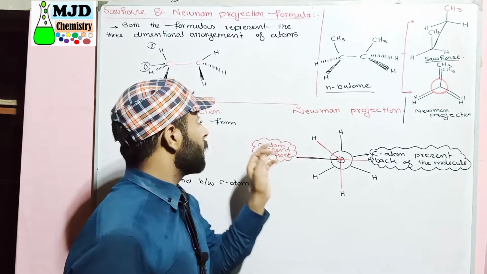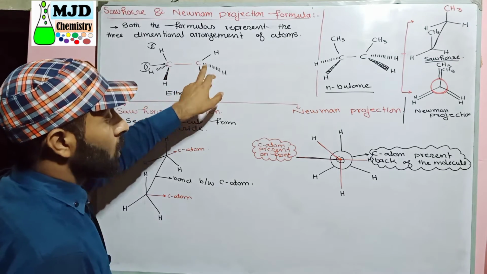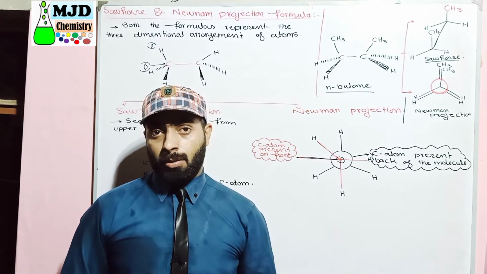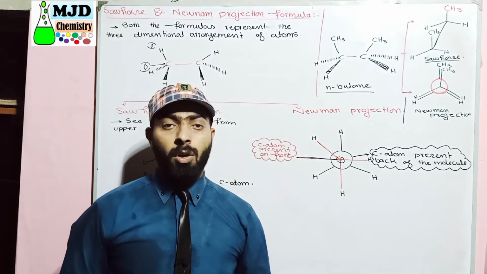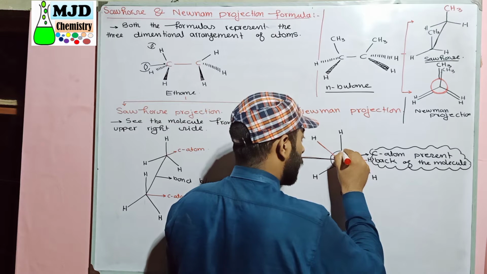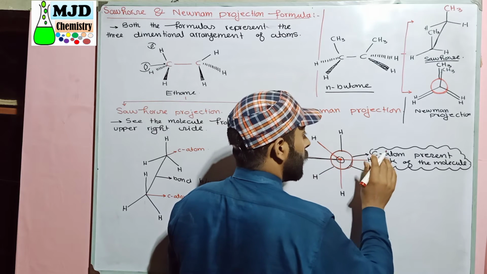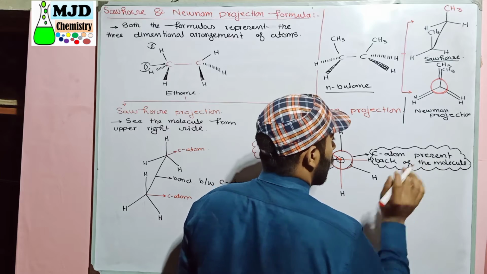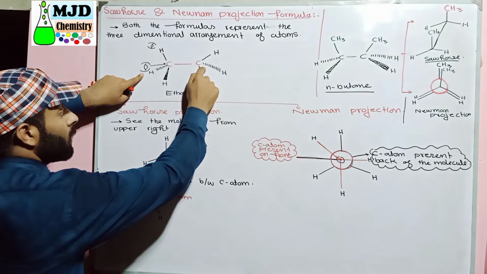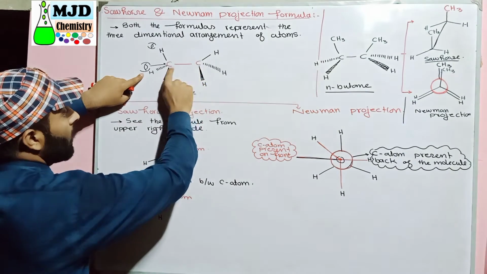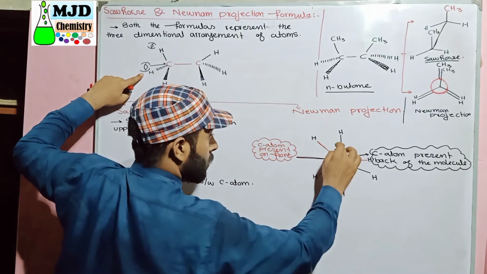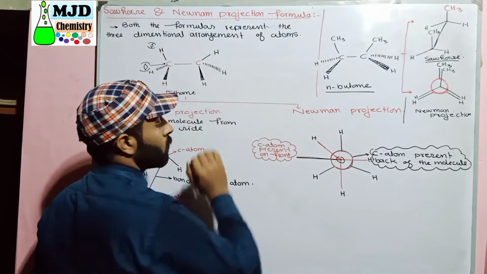When this carbon atom is present in front of me, then this molecular formula, the Newman projection formula, is right to get a figure. How can we write this formula? First of all, we draw a circle. This circle represents the carbon atom present at the back of the molecule. When we observe this molecule from this direction, this carbon atom is present behind that carbon atom. So this carbon atom is represented by a circle, and 3 hydrogen atoms are attached to it.